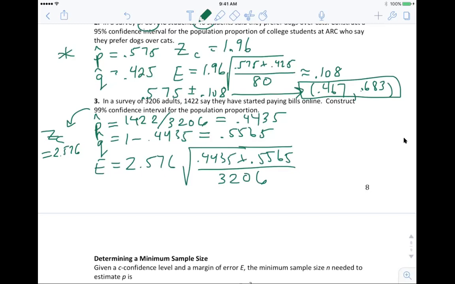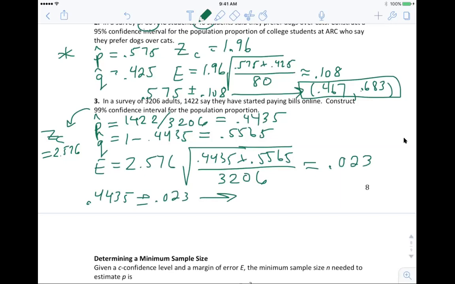This is going to be about 0.023. Okay. And then add and subtract that to your p hat. So now I'm doing 0.4435 plus or minus 0.023 to get my final answer.